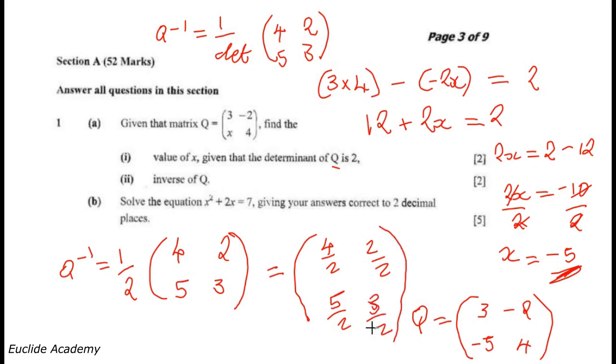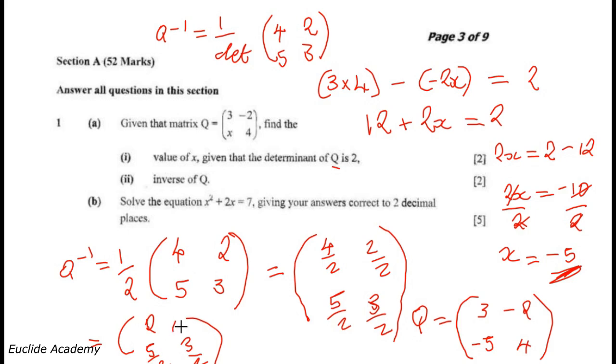What's simply going on here is that I've multiplied the half by each entry of this matrix. So 4 over 2 is just 2, 2 over 2 is just 1, then I have 5 over 2, and then 3 over 2. So that could be the matrix here.